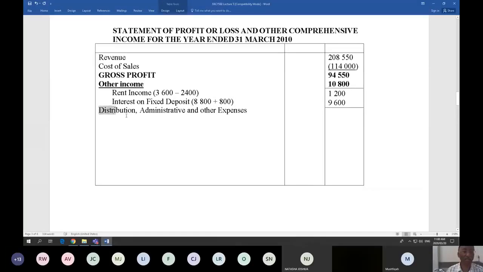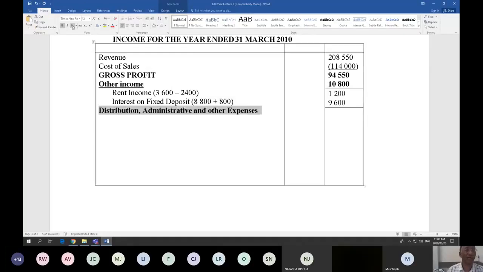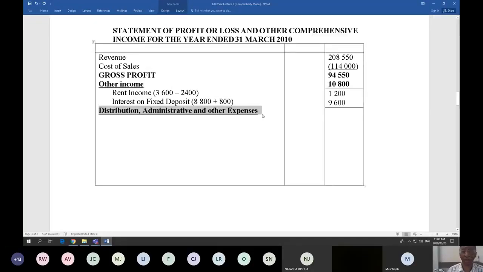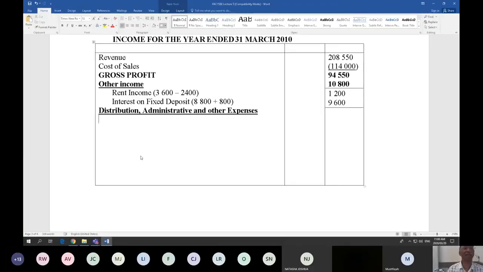Remember now, once again, guys, as far as our expenses are concerned, we categorize them into two groups: either distribution, administrative, and other expenses, or finance cost. And finance cost is only for your interests.